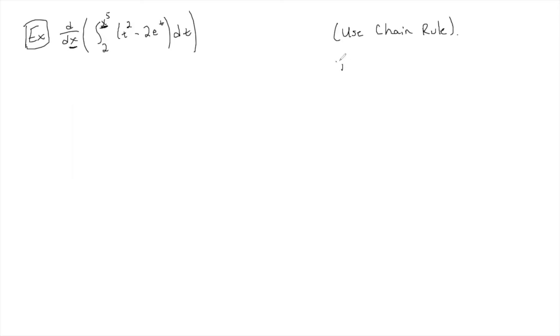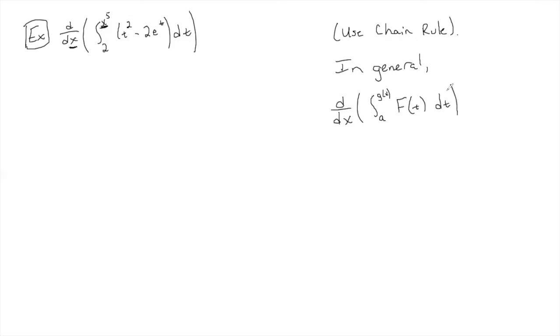So in general, here's another way to write the fundamental theorem of calculus, part 1. If I take the derivative with respect to x of the integral from a to g of x, where this is just some function of x, like x to the 5th, or sine of x, or e to the x, or something with an x involved, but which isn't just x itself, of f of t dt.